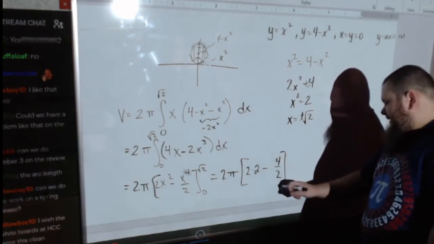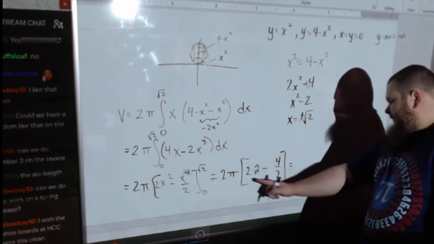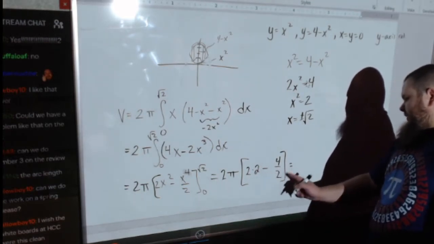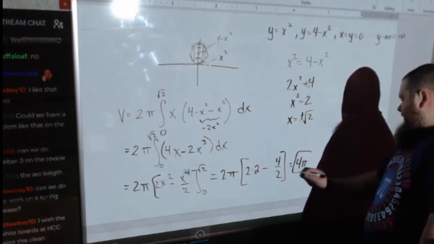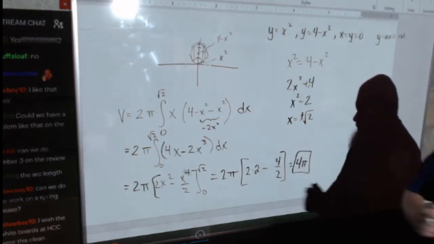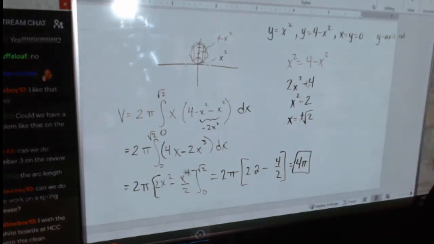And then when you plug in 0, everything goes to 0. So you get 4 minus 2, that's 2, 2 times 2 pi, looks like 4 pi. So any questions about that problem?